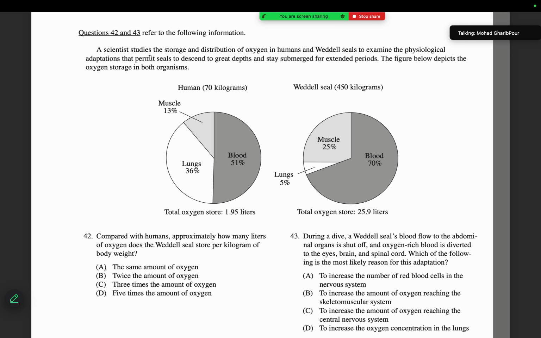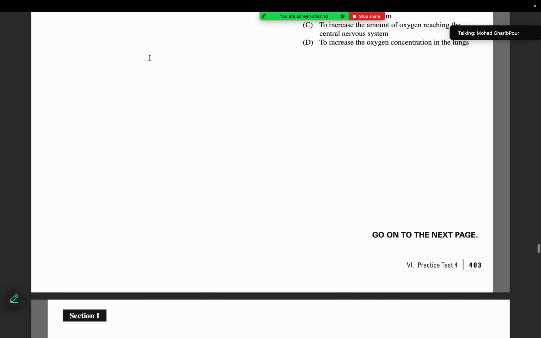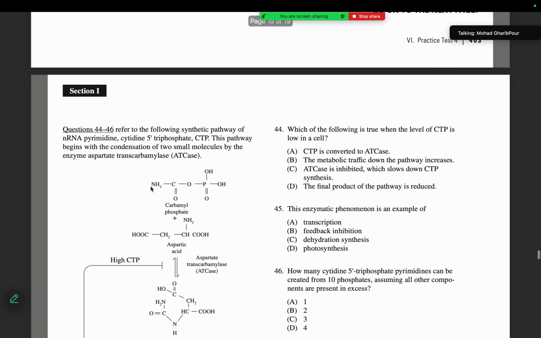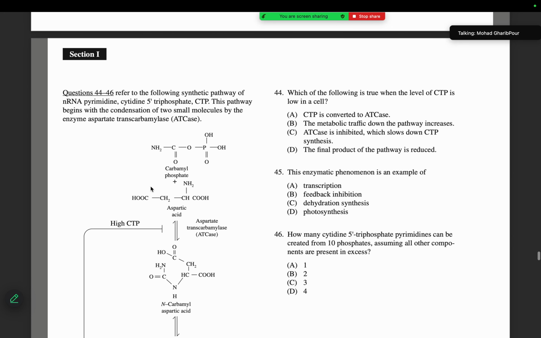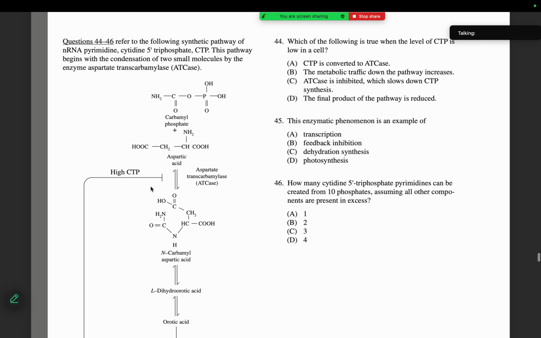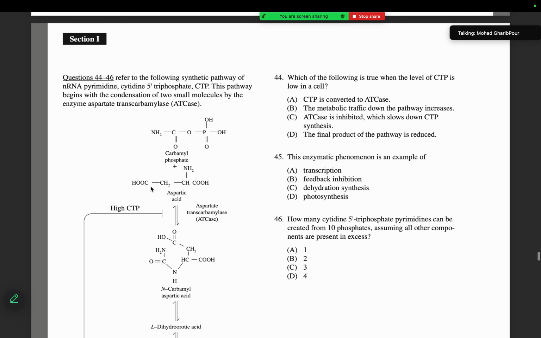A scientist, so 40, no, we don't have 42. It's 43, no, 44. 44, 45, 46. Refer to the following synthetic pathway of the RNA pyrimidine cytidine 5' triphosphate, CTP.